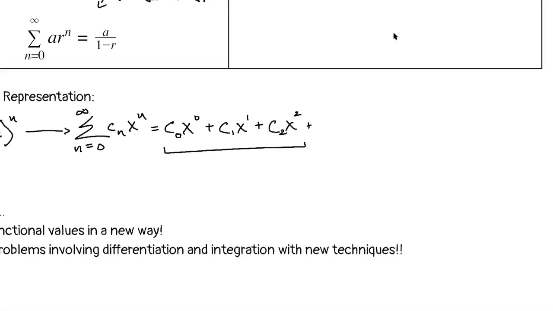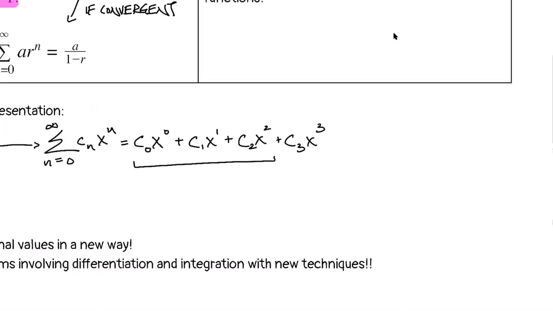If I were to keep adding, like n equals 3, and truncate it there, I would end up with a cubic function, okay? Now, if we were to say, let's skip a few and just have our c sub n x to the n, that would be like any random term. And because this particular example is an infinite one, we would say it keeps going forever and ever.